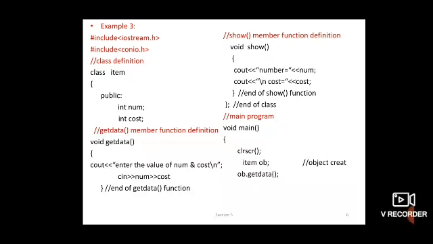Now if the get data function is invoked, then the pointer goes to the get data function. Okay, first execute all the statements written in the get data function. If end is completed, then again back to the main program. Okay, then invoke the show function. These are the member functions in the class, invoked through the object. Now end of main program.